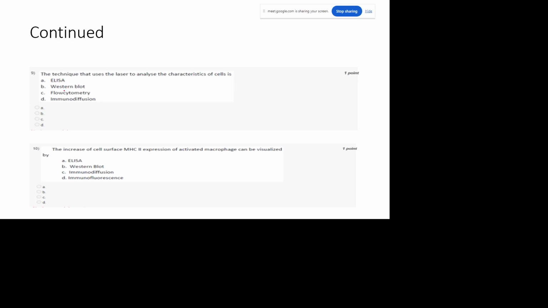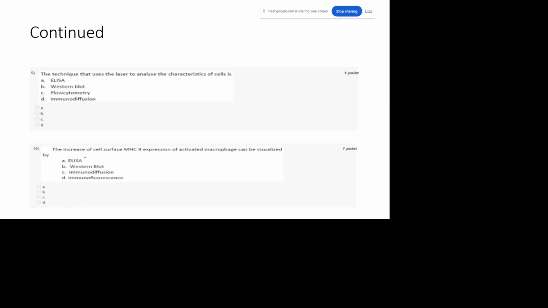It uses a laser to analyze the features of the cell, which kind of receptors they are expressing. Those characteristics can be found by FACS, and flow cytometry uses the laser beam. So for question 9, option C is the right answer. Also, immunodiffusion doesn't use a laser.